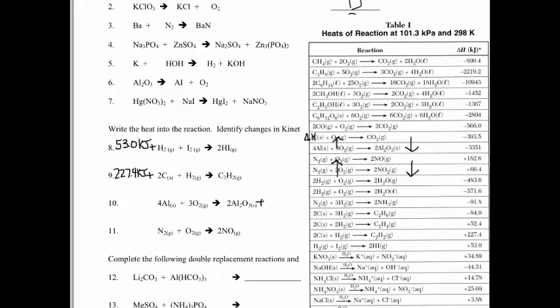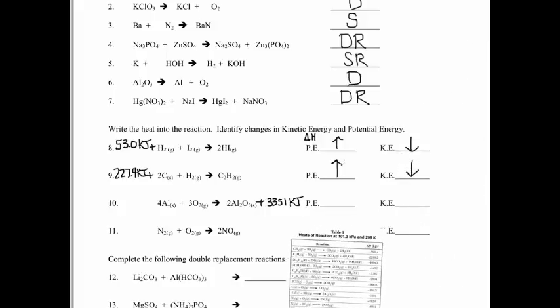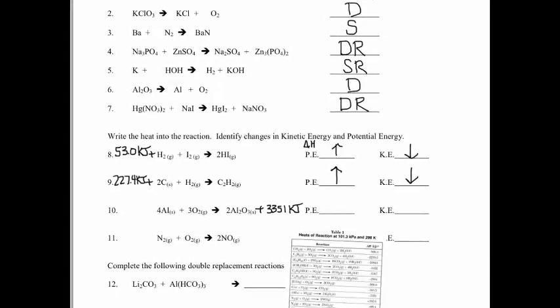So I'm going to put plus, because it's going to be a product, 3351 kilojoules. And then as we said before, whatever happens to delta H is pretty much what's happening to PE. Since delta H was negative, potential energy will decrease. And then because the total energy of the system needs to be the same, kinetic must be increasing.